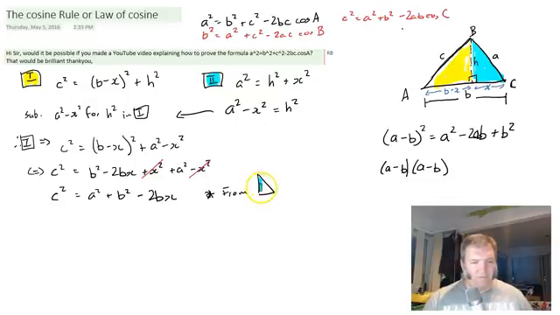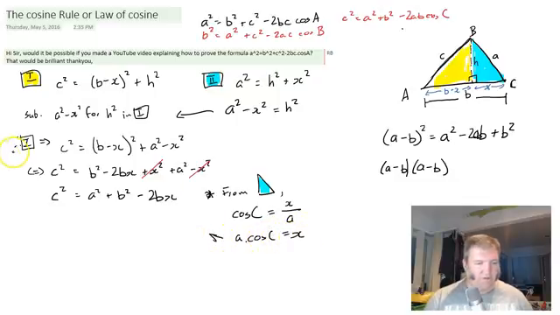You could just call it triangle 1 or triangle 2, or you could label the sides. There we go. From the blue triangle, the cosine of c equals the adjacent divided by the hypotenuse, which is a. If I multiply through by a, I get a cosine c equals x. And I'm going to make that substitution.